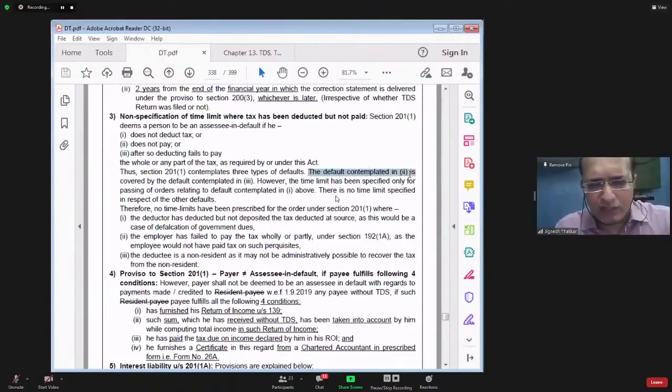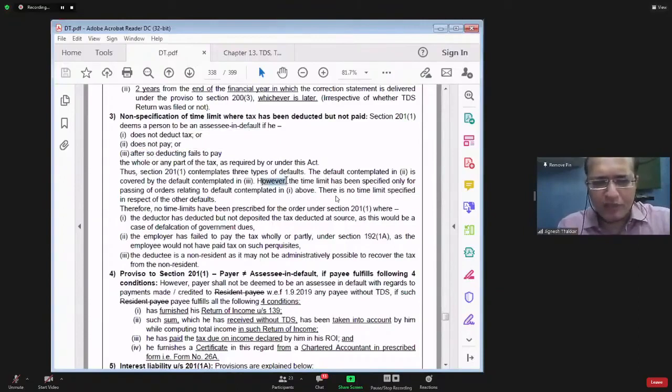The default contemplated in 2 is covered by default contemplated in 3. Point number 2, you do not pay the TDS, or point number 3, after deducting you do not pay. So point number 2 is automatically covered by point number 3.